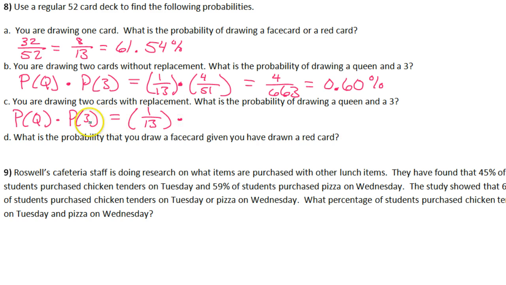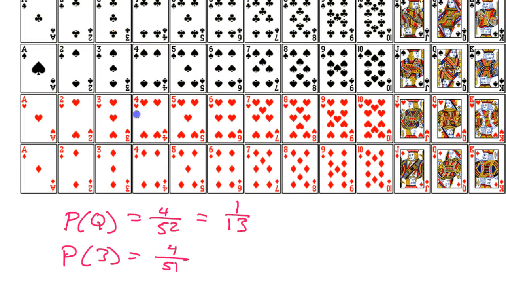Now the probability of drawing the 3 is also going to be 1 out of 13, because this time we're putting the queen back. So when we go to draw the 3, there are still 52 cards, so there are still 4 3s that you could choose out of a total of 52 cards because we put the queen back.